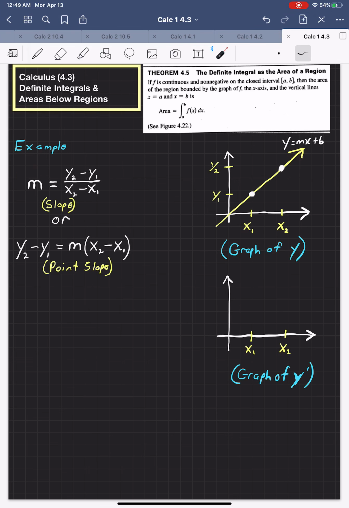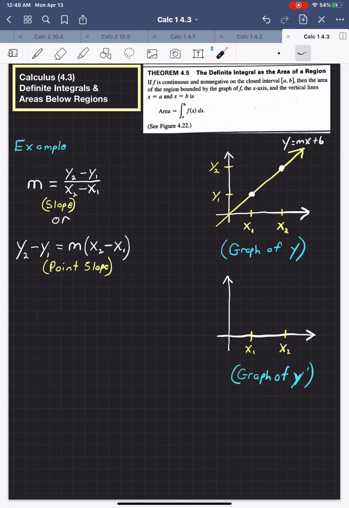So let's start with the basic rise over run slope formula that all of you would have encountered probably fairly early in your math career, where you just have y sub 2 minus y sub 1 over x sub 2 minus x sub 1, which is equal to the average rate of change or the slope of a line, correct?